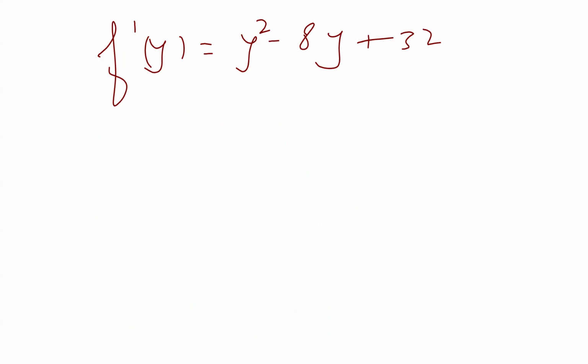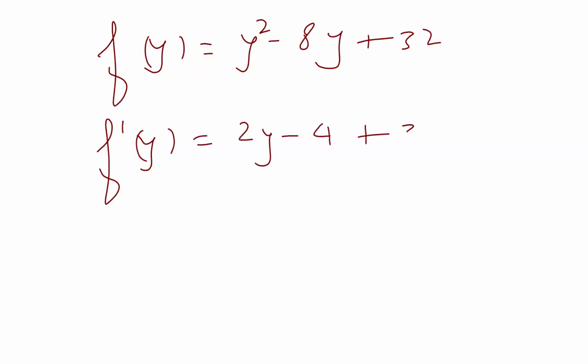Then f dash y is 2y minus 8, sorry, 2y minus 8. And f double dash y is equal to 2.